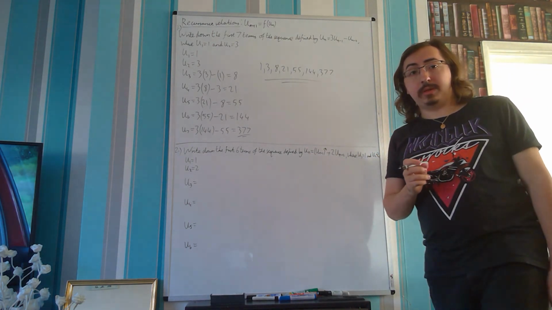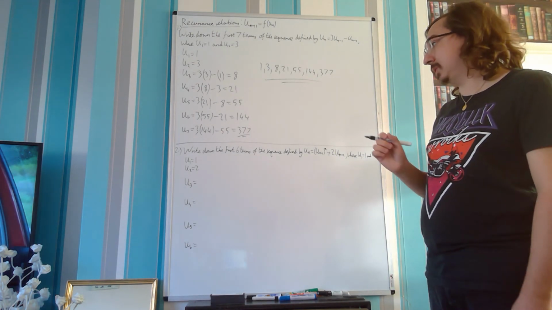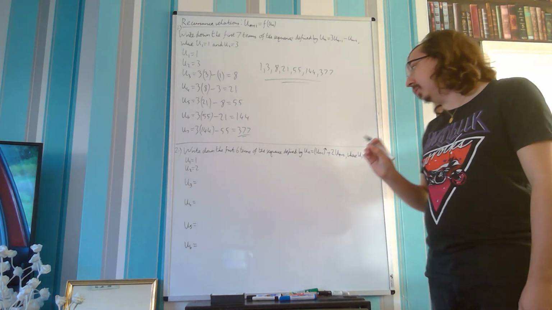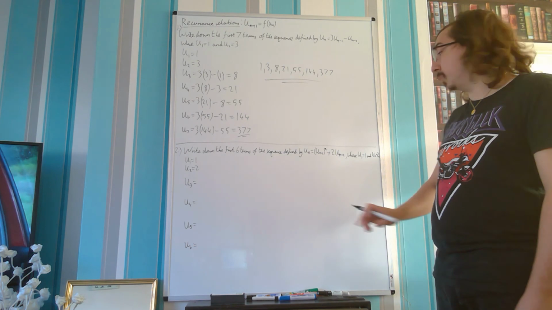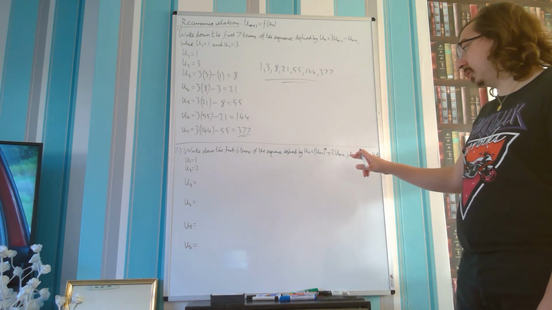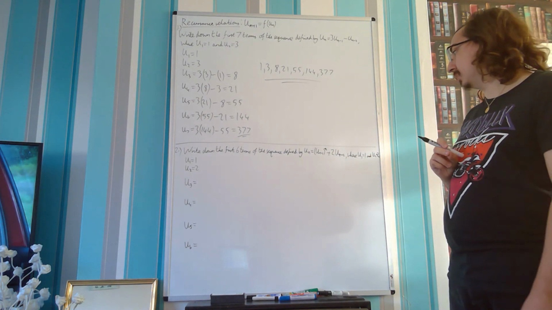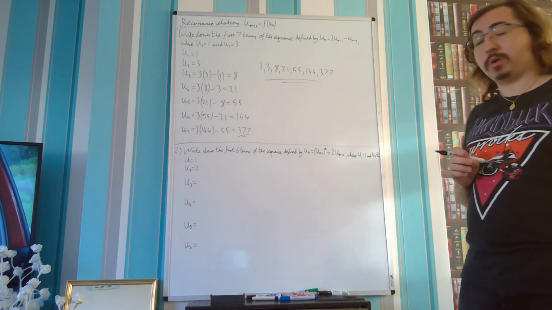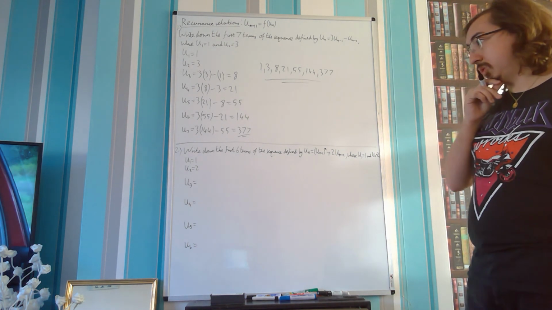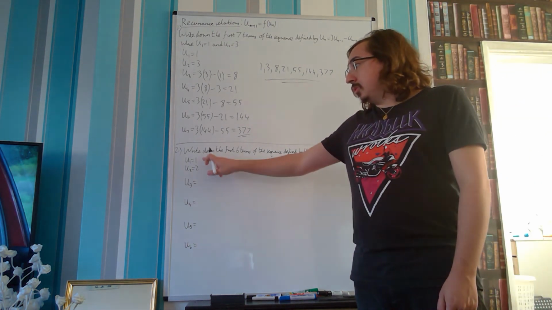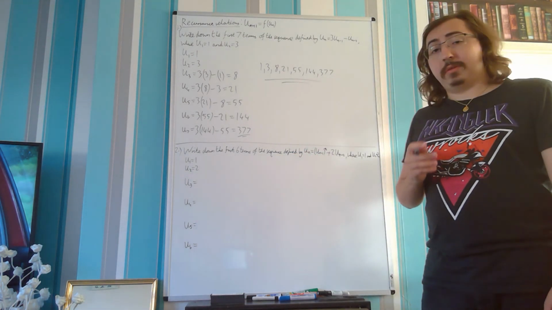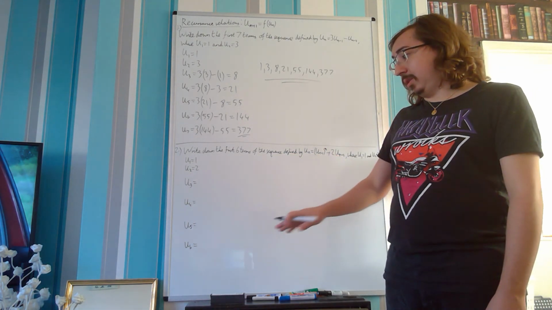Moving on to problem 2 then, it says to write down the first 6 terms of the sequence defined by un equals un minus 1 squared plus 2 times un minus 2, where u1 equals 1, u2 is equal to 2. So we've got our first 2 terms. We want to write down the first 6, so we need terms 3 through 6.